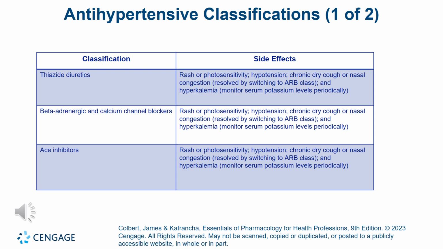They are good choices for patients who also have other serious conditions: those with heart failure following myocardial infarction, when high coronary disease risk exists, diabetes, renal disease, and cerebrovascular disease. Side effects of these are the same as thiazides and beta-adrenergic and calcium channel blockers.